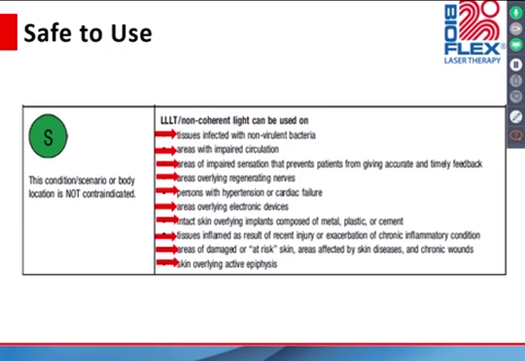And again, skin overlying the active epiphysis. I'm not really sure why they said it twice. They had a precaution directly over an active epiphysis. I mean, obviously you're going to be treating the skin over it, and it is considered safe. Okay, so that is with reference to Physiotherapy Canada and their status on using laser therapy.